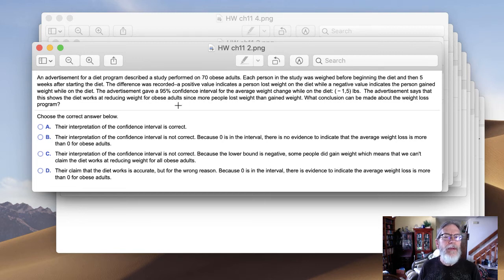Well, we don't know the actual average weight change, do we? But on this interval, because it's both positive and negative, zero's in the interval, right? -1 to 5 includes 0. So there's no evidence to indicate the average weight loss is more than 0 for obese adults. Bummer. So they cannot make that claim because it's not true on the average.